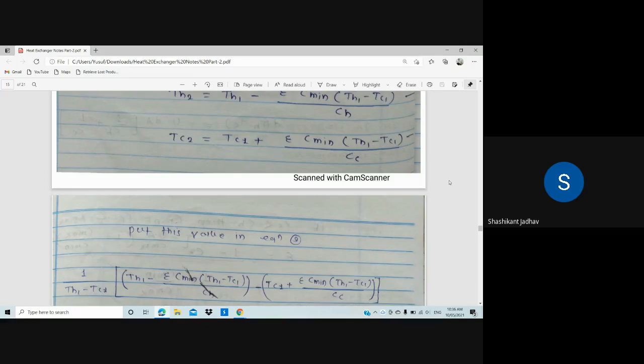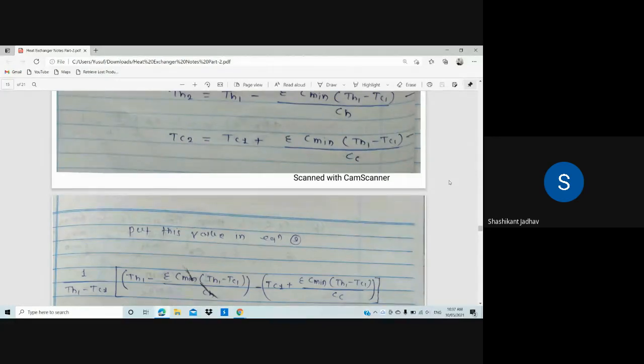All of you write down, TC2 is equal to TC1 plus epsilon into C minimum into bracket TH1 minus TC1 divided by CC, and that is equation number 5.